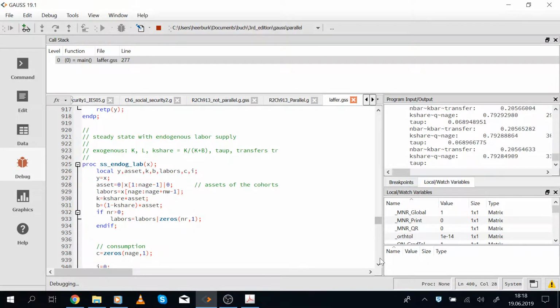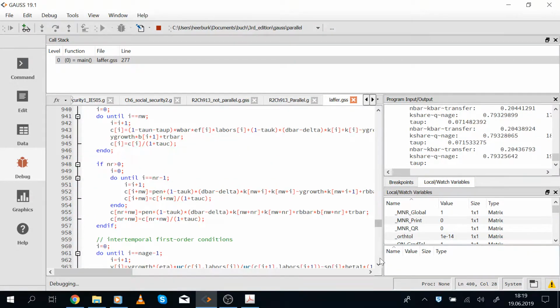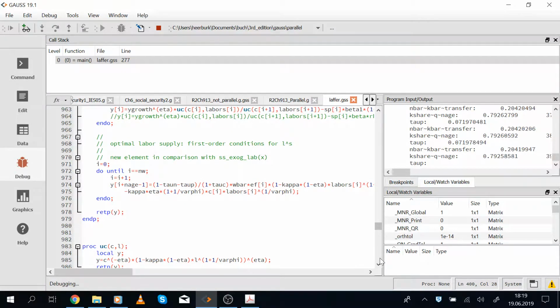So we have an additional 45 individual endogenous variables here, and therefore we have to add 45 new nonlinear equations here, equilibrium conditions, and this is done in lines 967 through 976, where we add the first order condition of our workers with respect to the labor supply. So where we set the marginal utility from consumption times the extra wage that we get if we work an additional hour equal to the disutility from labor.